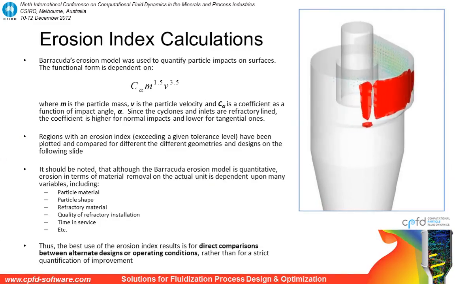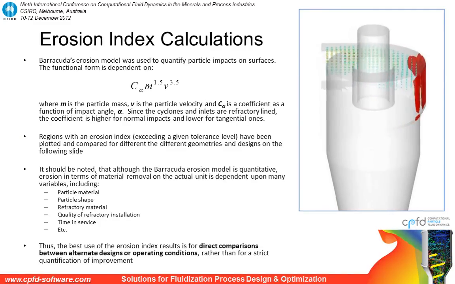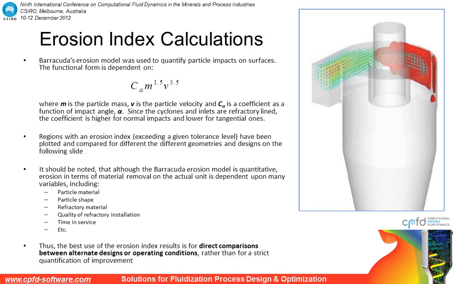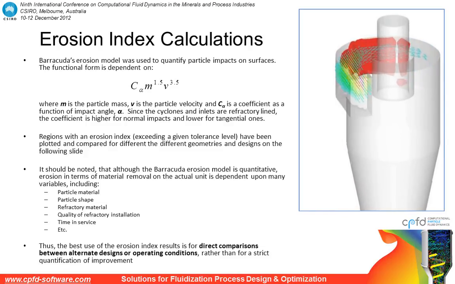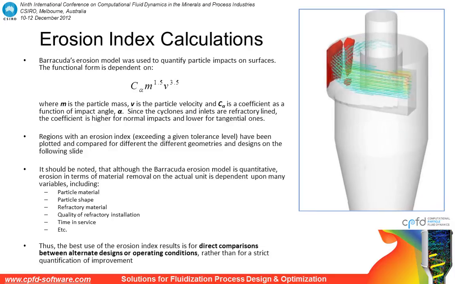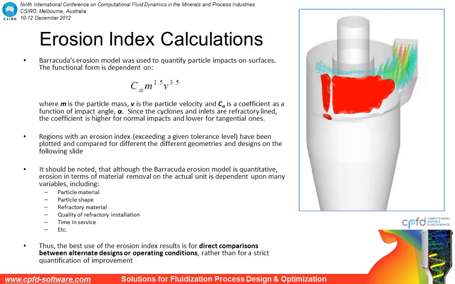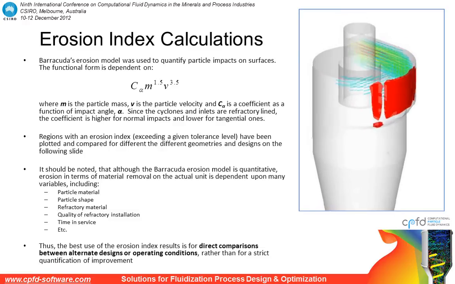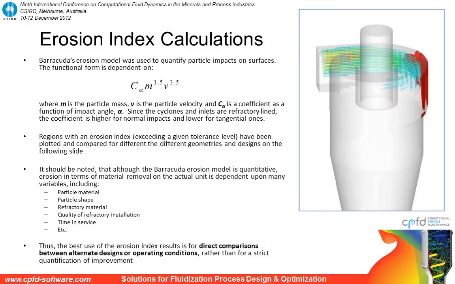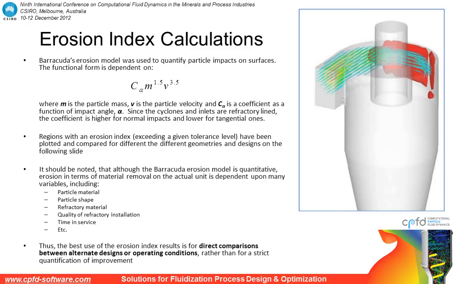When we look at the erosion index calculations for the unit, we determine them based on some function of the angle of impact, some power on the mass of the particles, and some power, typically around 3 or 3.5, on the velocity of the particles.